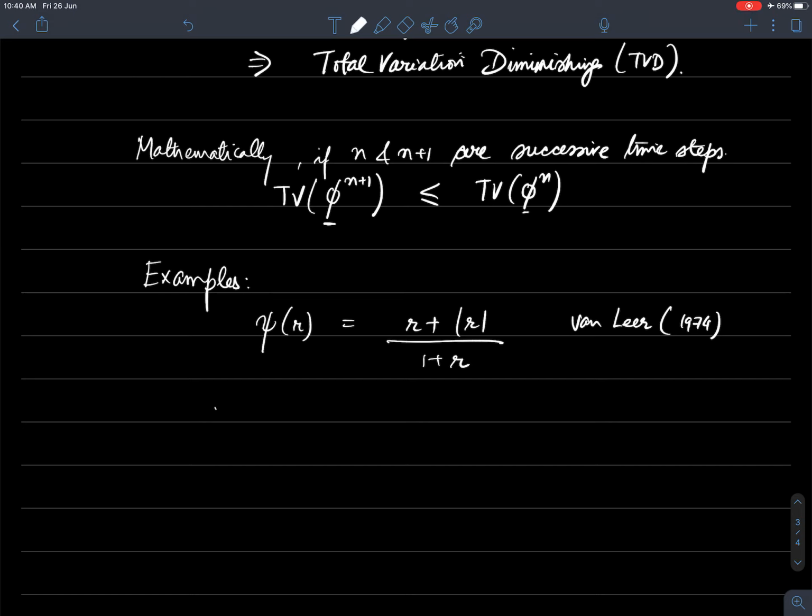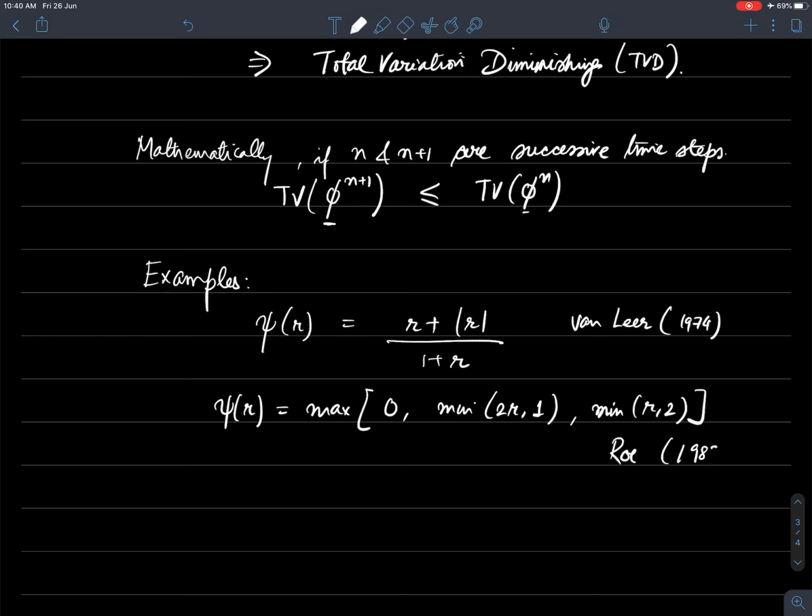The other form of flux limiter function is what was given by Professor Phil Roe: psi of r is max of 0, comma, min of 2r comma 1, comma, min of r comma 2.